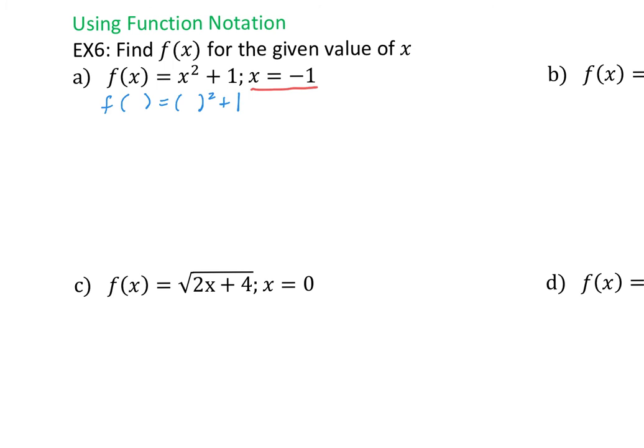We have to be careful when we're putting in negative values, though. We have to be clear about where our parentheses are. So remember, x in this particular function, that whole x value is squared. So when I put in -1 for x, I'm taking -1 and squaring it, and then I'm adding 1 to that.